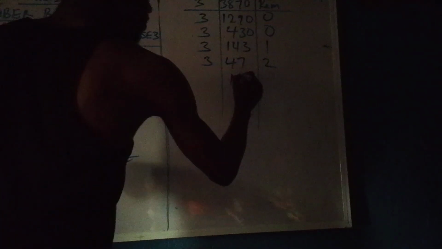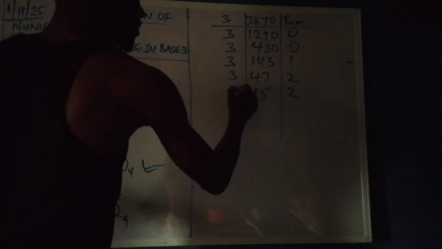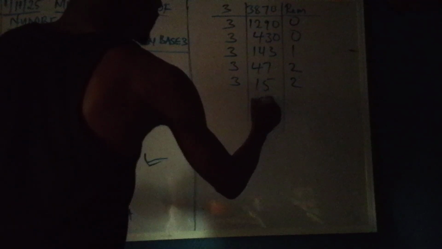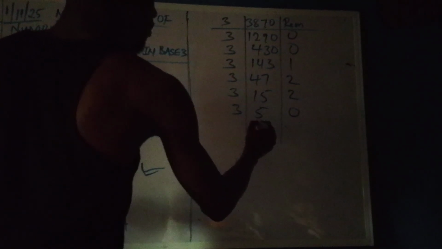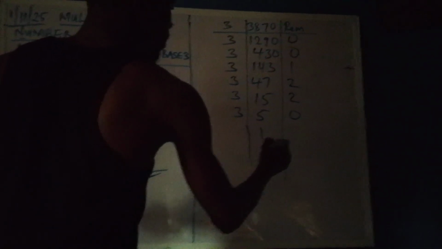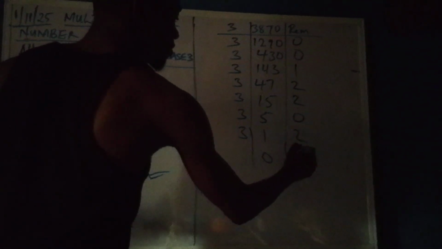And you also divide the 47 by 3 again, it's going to give us 15 remainder 2. So you divide again by 3, that will be 5 remainder 0. If you divide by 3 again, that will be 1 remainder 2. If you divide by 3 again, that will be 0 remainder 1.